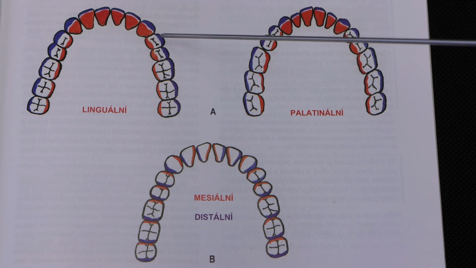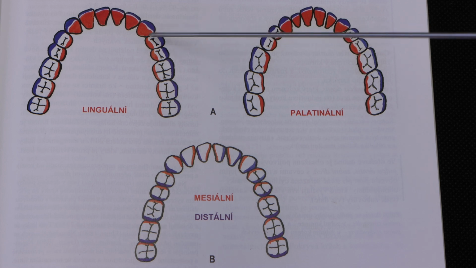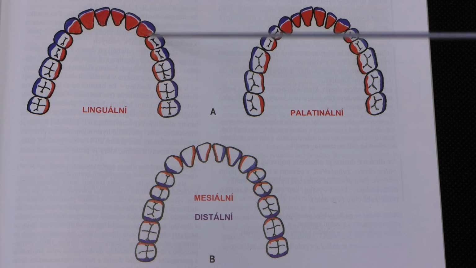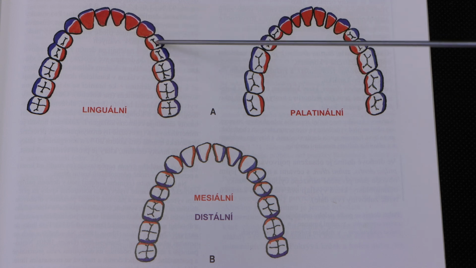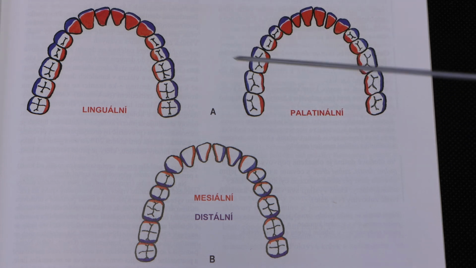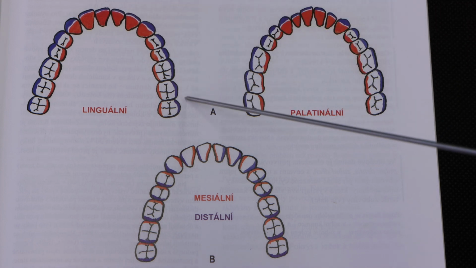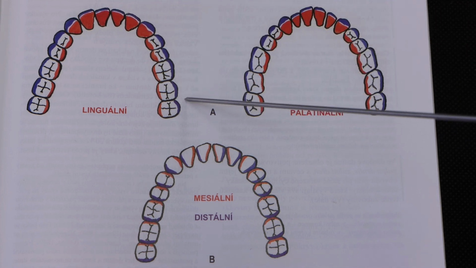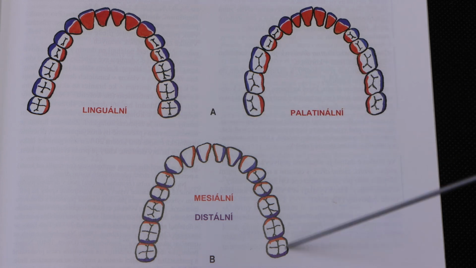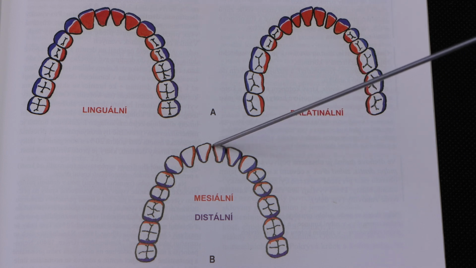Then each tooth has an approximate surface. The approximate surface is the surface where one tooth is connected with the neighboring tooth. Going from the midline toward the posterior side is called the distal direction, and vice versa, going from the distal toward the midline is called the mesial direction.